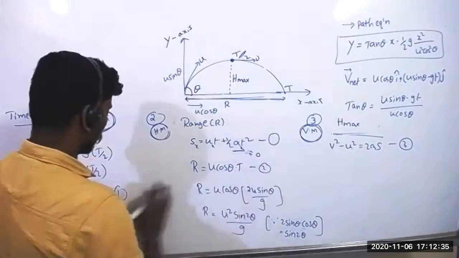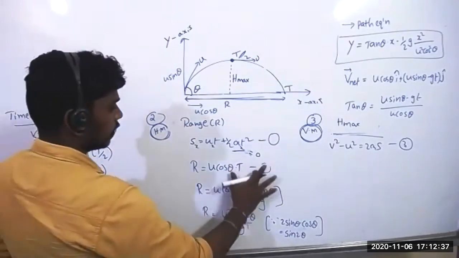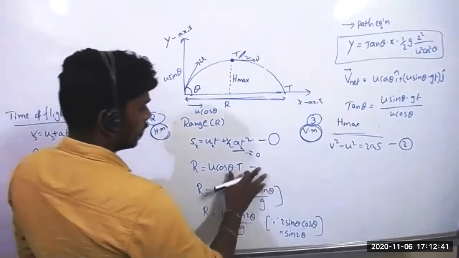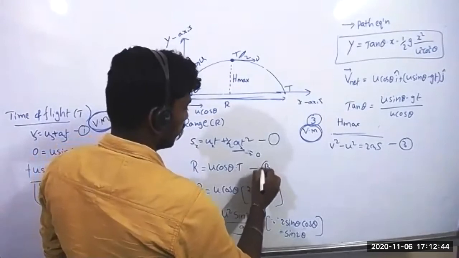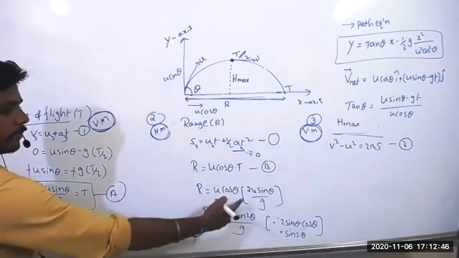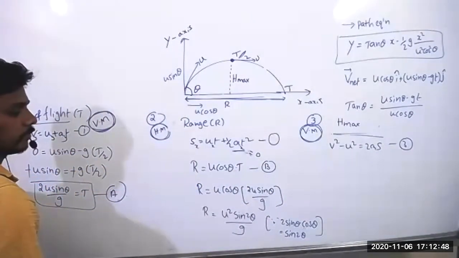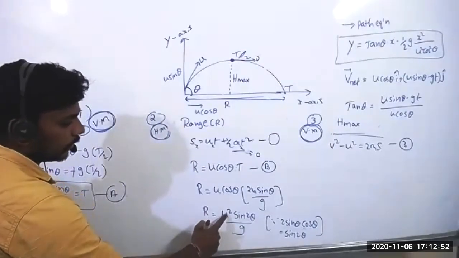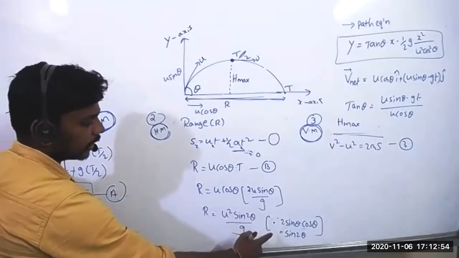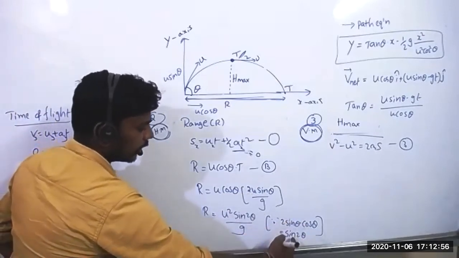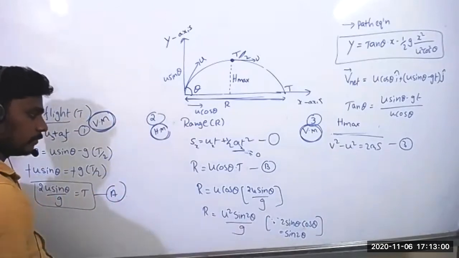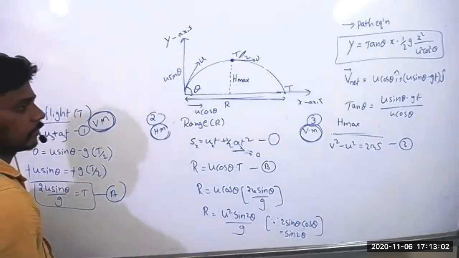Say it is equation A and equation B. Substitute equation A in B, then you will get this. After U into U square cos theta into 2 sin theta, nothing but 2 sin theta cos theta, I will write sin 2 theta. That's all. Clear? It is my range formula.